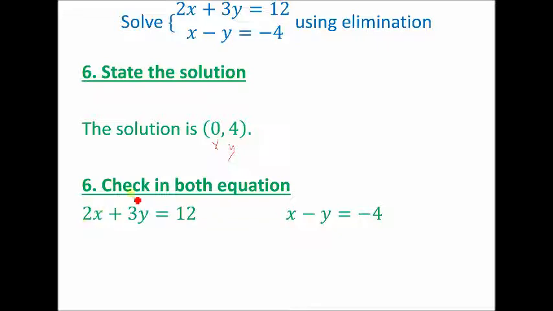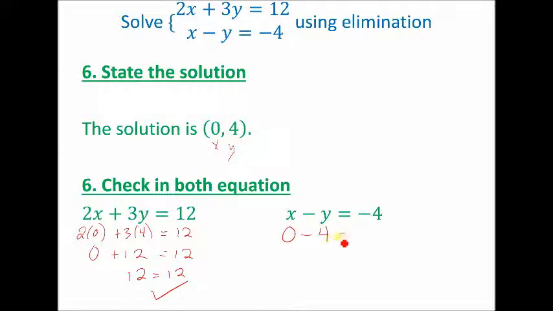Okay, so if I plug 0 in for x and 4 in for y, I get 2 times 0 plus 3 times 4 is equal to 12. So that's 0 plus 12 is 12. Whew, my two sides are equal, so that one's a check. 0 minus 4, well, that's negative 4.